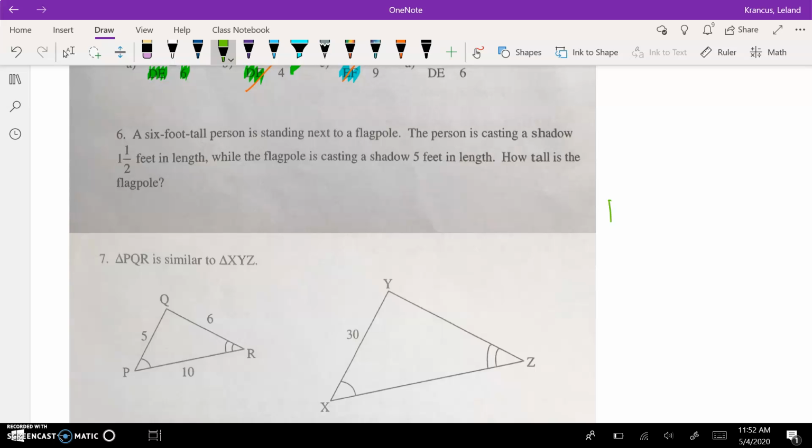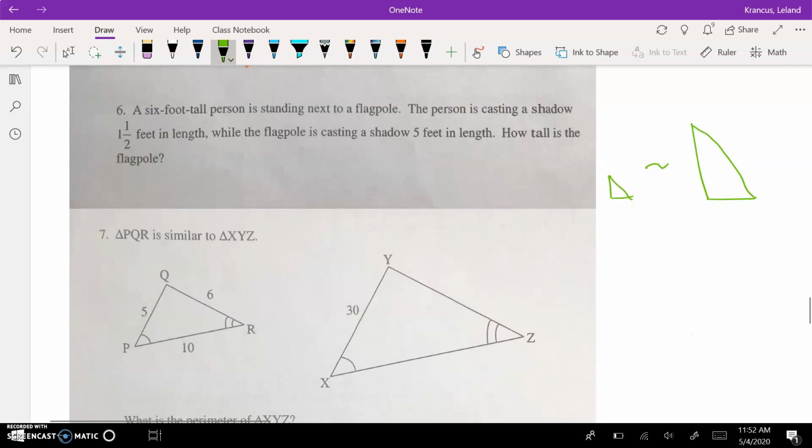Let's say this is the person and this is the flagpole. The person is casting a shadow. The flagpole is casting a shadow. If you label those dimensions, remember that those are similar triangles that are formed. That'll help you set up the correct proportion to find the missing piece.